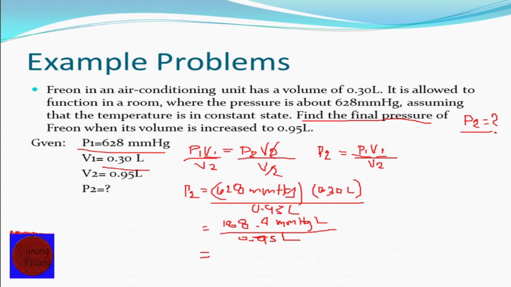So let's divide this. 188.4 divided by 0.95 is 198.32.